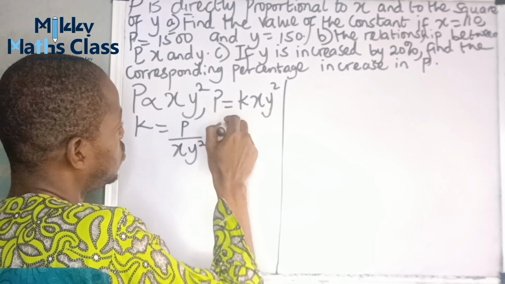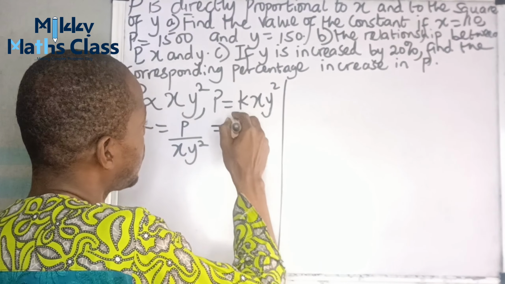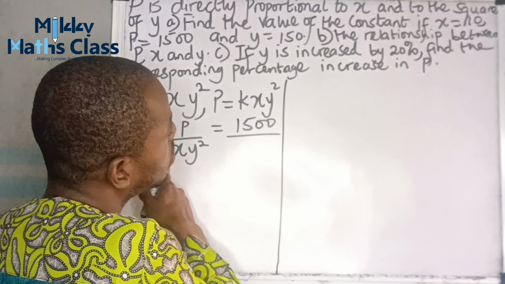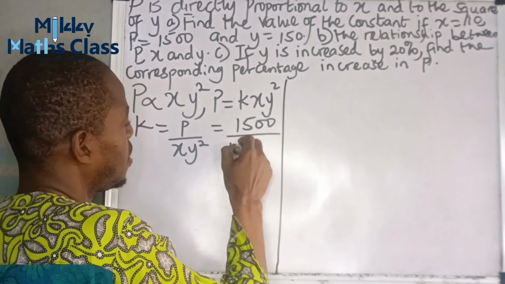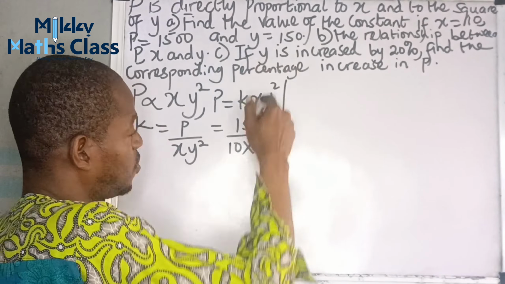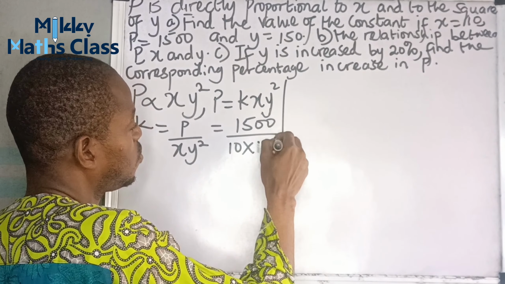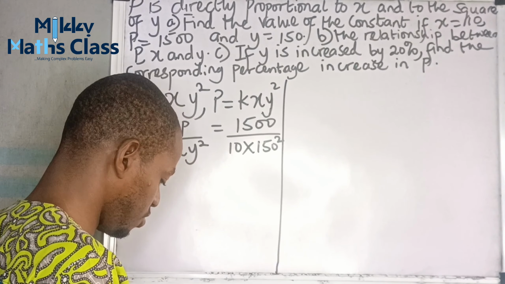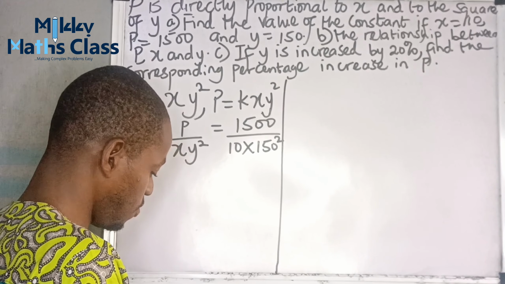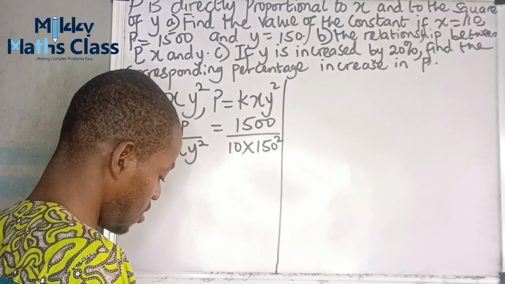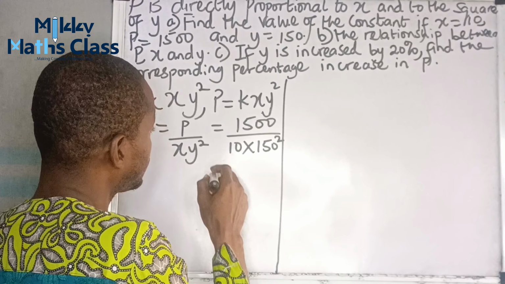Which is equals to P is 1,500 over X is 10 times Y is 150, so 150 to the power of 2. 150 to the power of 2 will give us 22,500 times 10. That's 225,000.